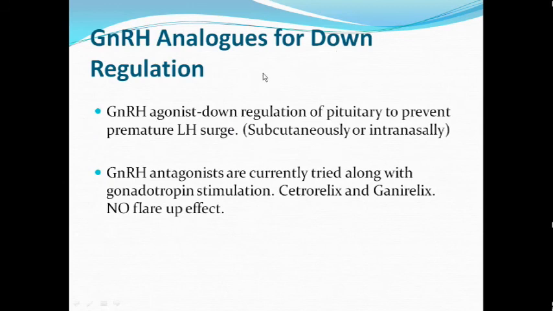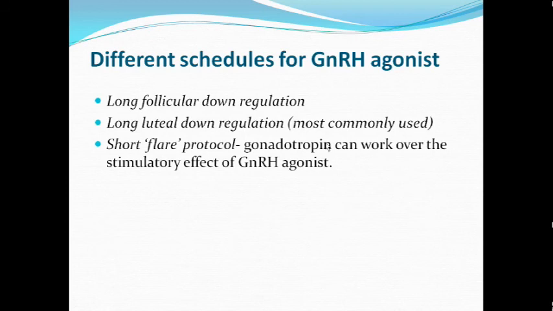So a GnRH analog is used for down regulation to suppress the pituitary, currently tried along with gonadotropin stimulation. Cetrorelix or ganirelix have no flare-up effect, which we have already read. Among the different protocols for agonists, where you can see the flare effect, you can use the long follicular down regulation, where the suppression can start from the cycle prior to the ovulation induction.